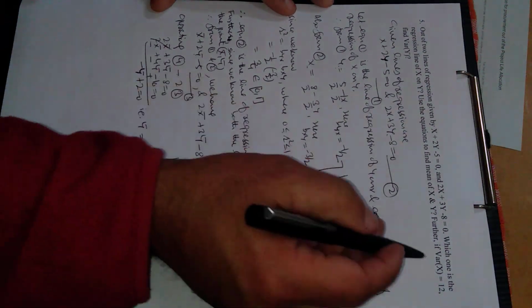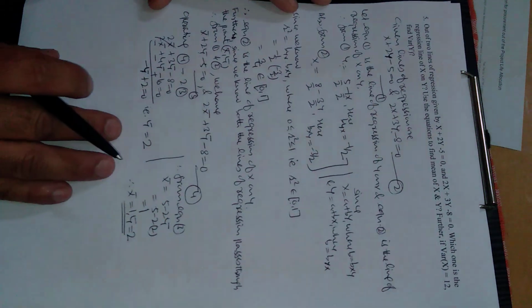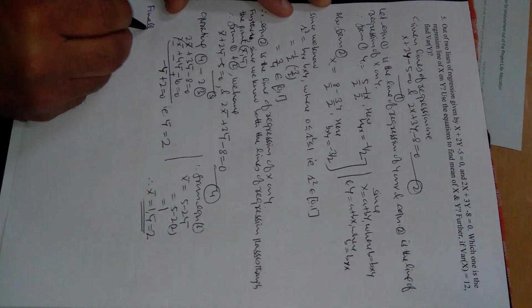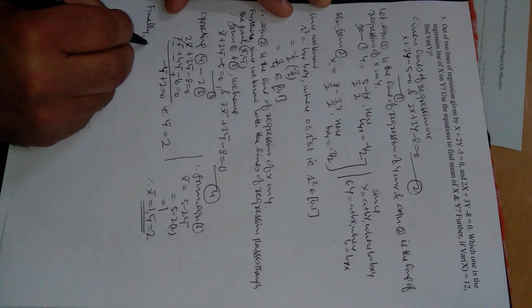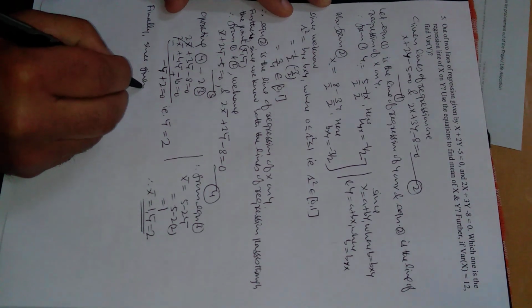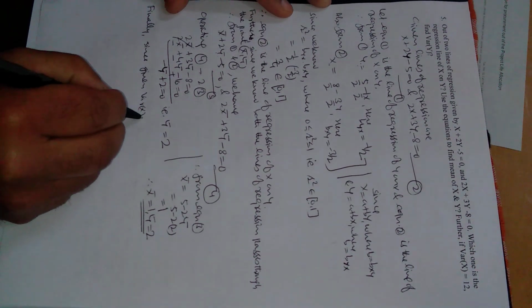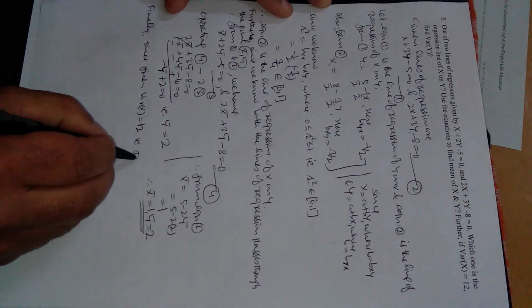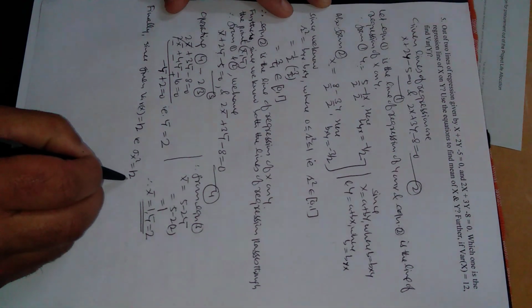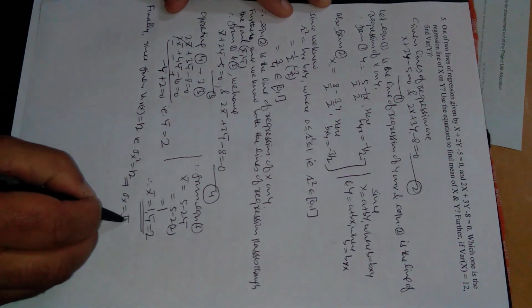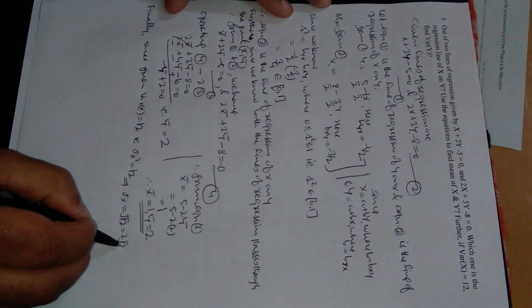Finally, variance of x is given, and we have to find variance of y. Variance of x is given to be 12, that is sigma x square is 12. So standard deviation of x is square root of 12, which is 2 square root of 3.